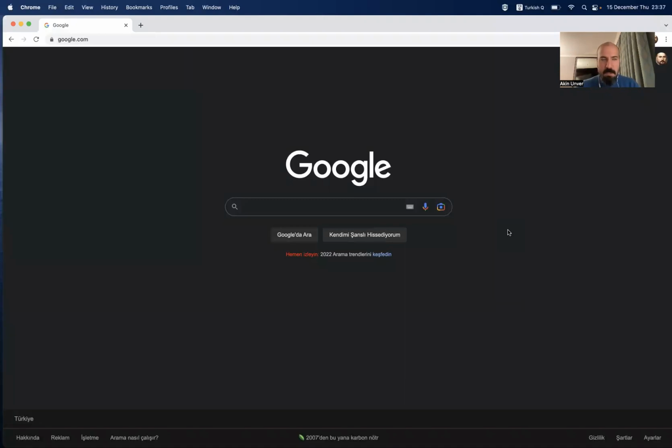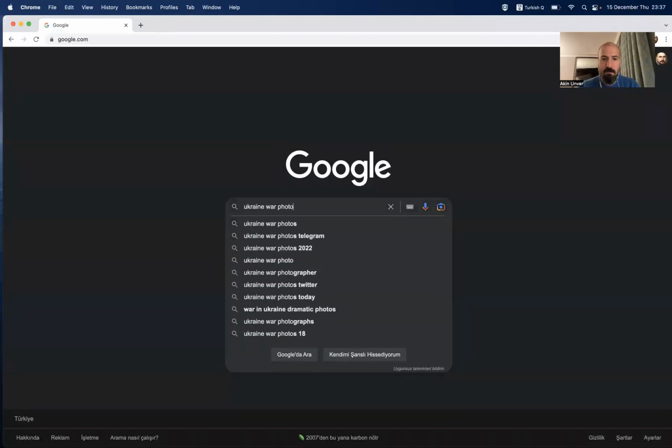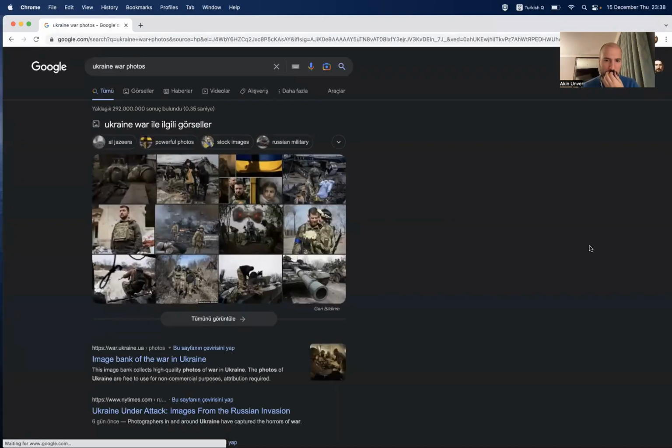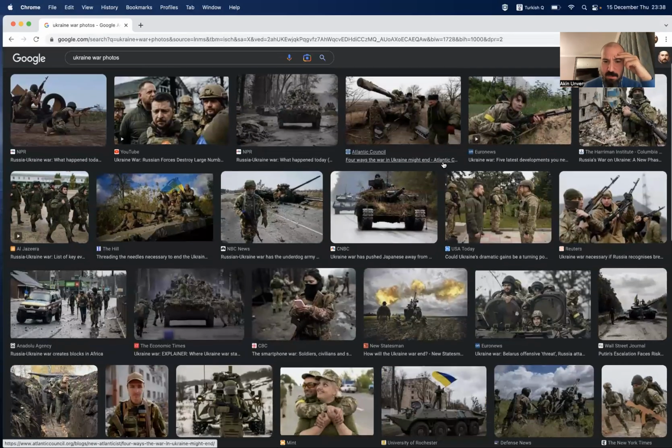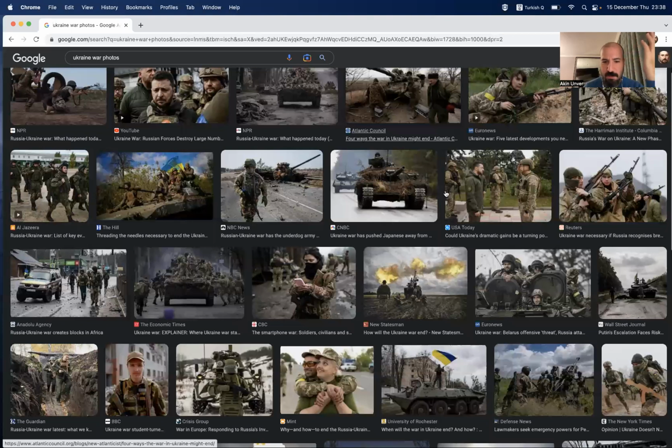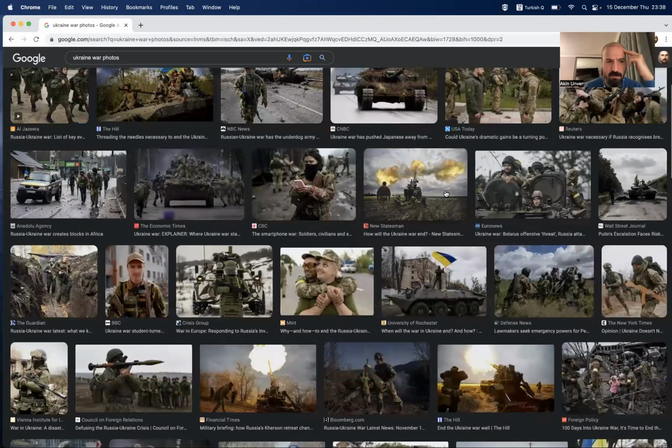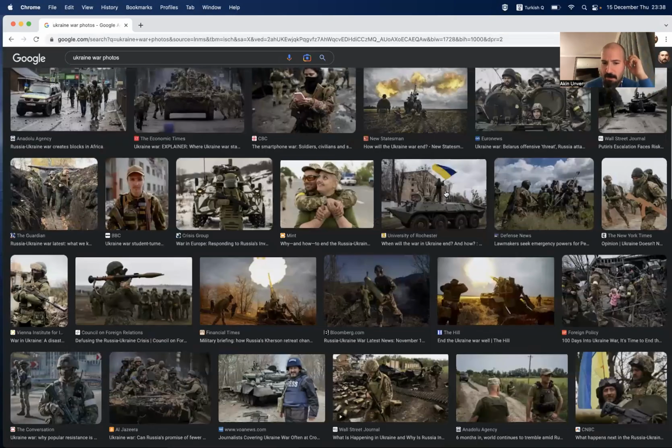Let's type something very simple, Ukraine war photos, and try to find an image that can be geolocated. Now, some of these may not be geolocated, some of them may be.